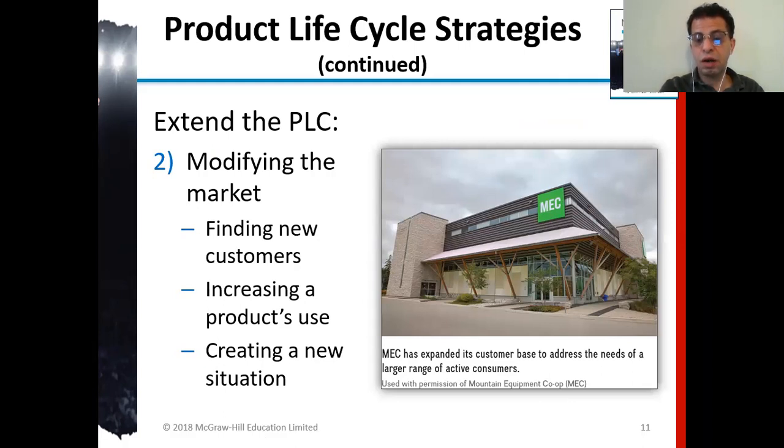And we see here MEC has expanded its customer base to address the needs of a larger range of customers or consumers. What we did was a modification there. We tried to find one or more customers, which we did, and we also created more features.